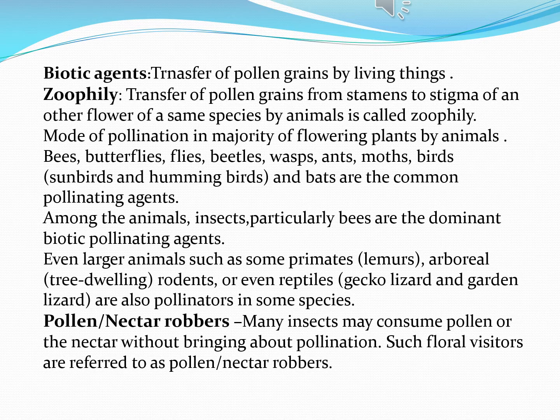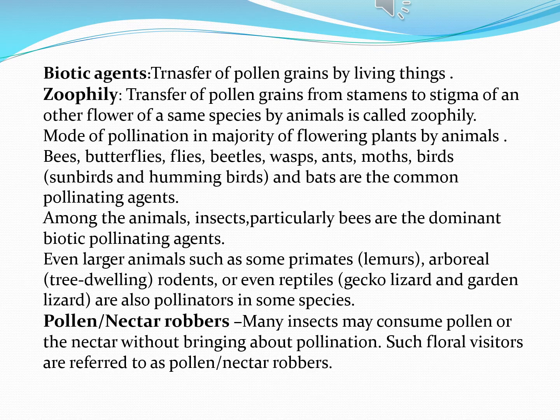It is the mode of pollination in the majority of flowering plants. So cross pollination is almost always done by animals. Animals like bees, butterflies, ants, moths, birds, and bats are the common pollinating agents.